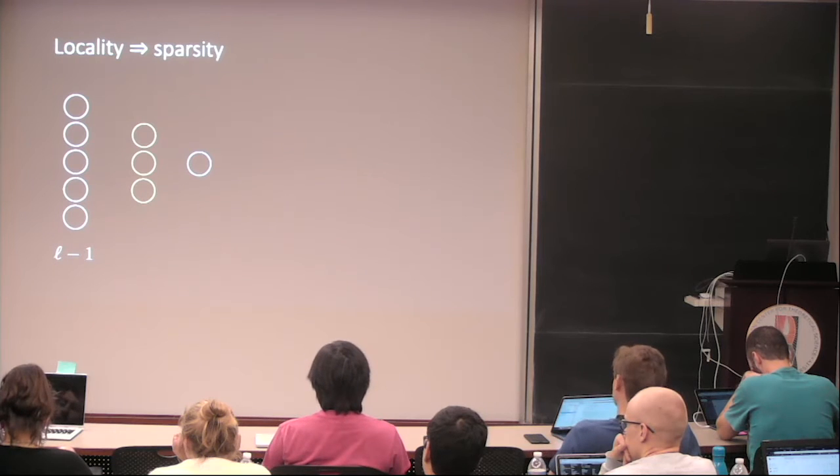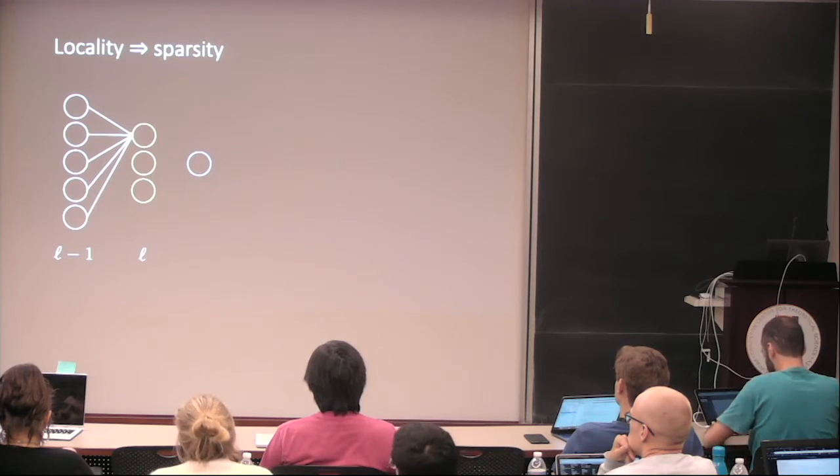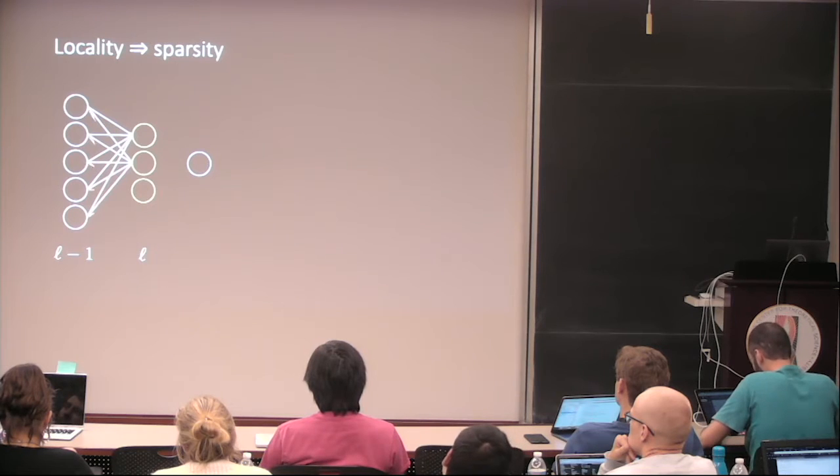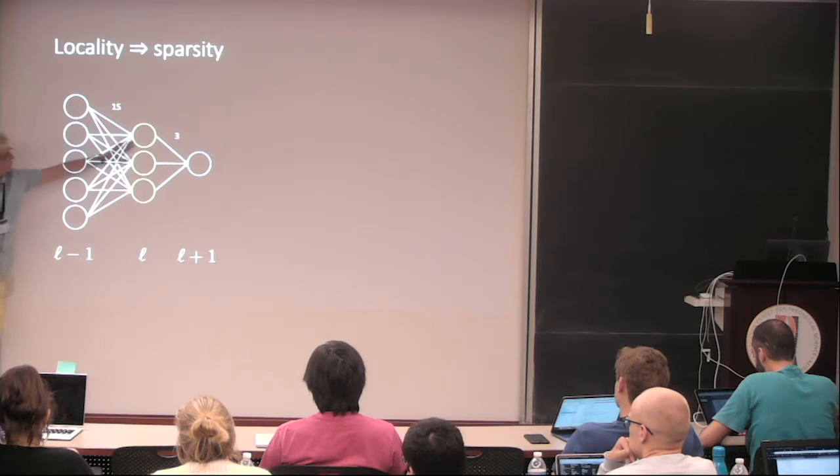All right, so let's go from the layer L-1 to the layer L. Here we have every one of these first input goes to the first neuron, so on for the second one and for the third. So overall, we have 5 times 3, we have 15 connections, right? All right, so from L to L+1, here we have just 3 connections. As we said before, we don't care too much for this neuron to look what happened very further away, right?